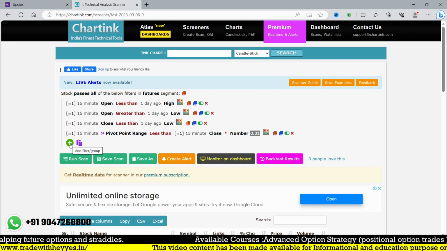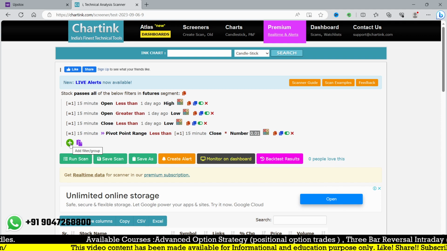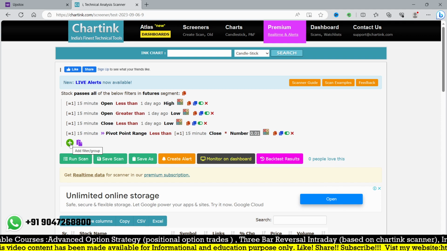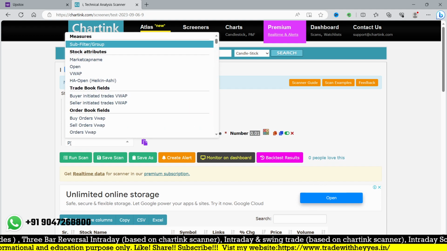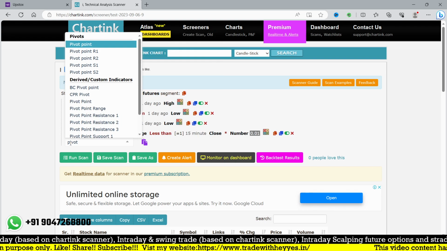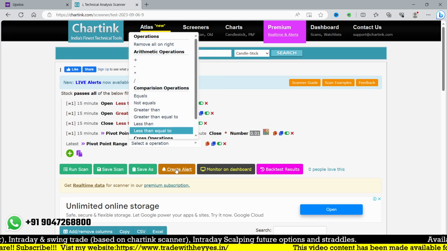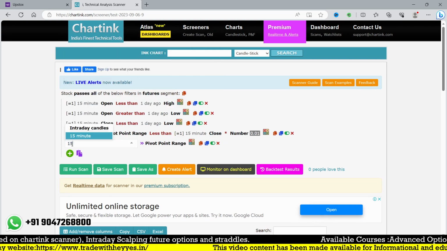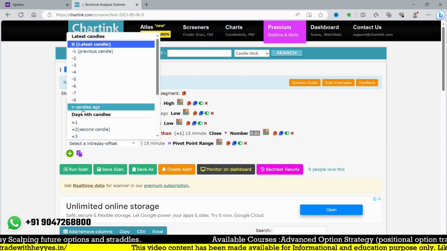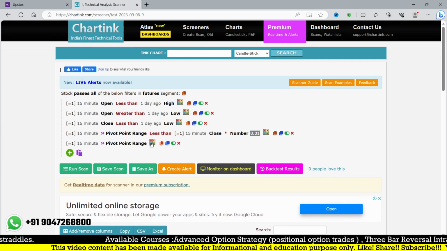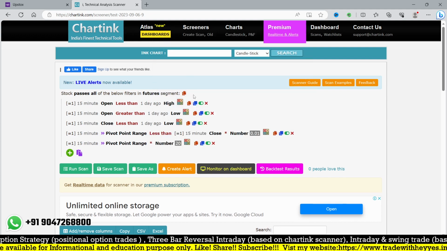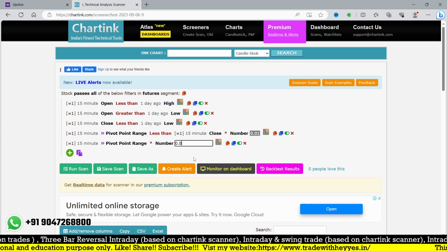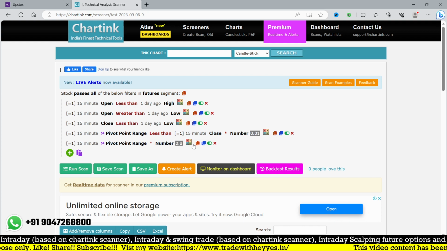Okay, so what I'm going to use, I simply go for the pivot point range, right? The pivot point range is the customized indicator on the first 15 minutes, which I'm looking for. So first 15 minutes multiplied by 0.8, so the candle range should be around 80 percent, that means 80 percent of the body.